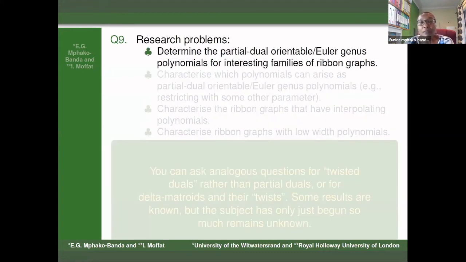Now, with the concepts which Prof. Moffatt introduced, here we are just saying, let us develop the concepts by doing some simple problems. You start solving what the genus is, then you are able to find the partial dual of your graph, G delete e, and you practice on all those things.